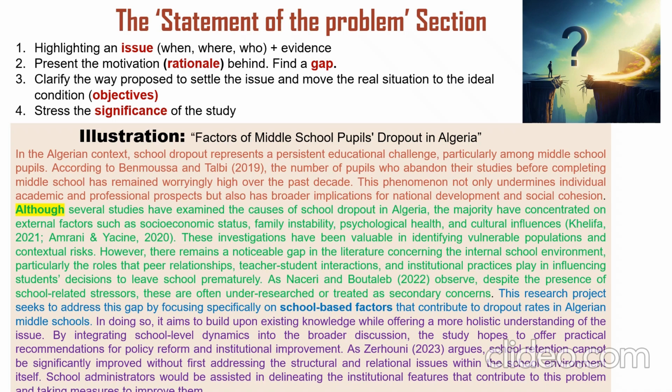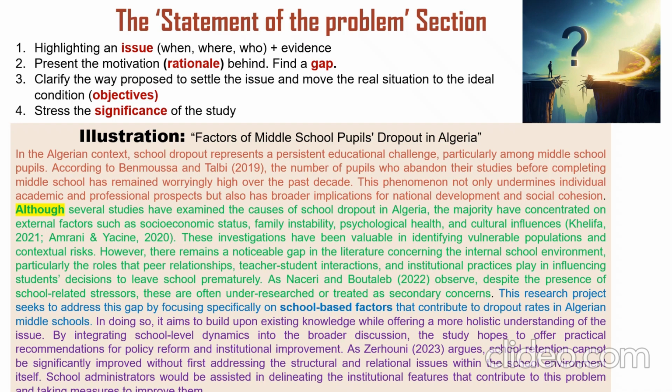So, the selection of the words here is important. It offers, it would benefit, especially the expression would plus verb. Well, as Zarhoni 2023 argues. Here you can work without referring to previous references, but if any, you can make use of them to strengthen your position. School retention cannot be significantly improved without first addressing the structural and relational issues within the school environment itself.